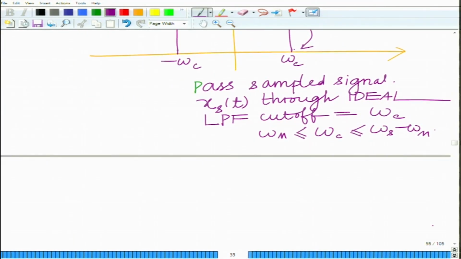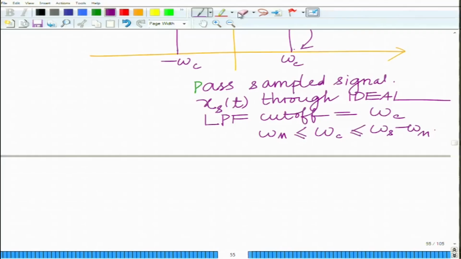When there is no aliasing, you can pass it through this ideal low pass filter, and that will give you the original spectral copy, because the spectrum of the resulting output is simply the multiplication of the spectrum of the input, that is the sampled signal, with that of the low pass filter, which extracts only the original message spectrum in the band minus omega m to omega m, because the cutoff frequency is greater than omega m.